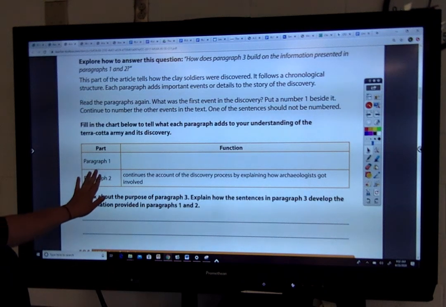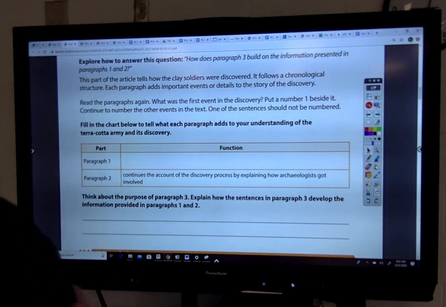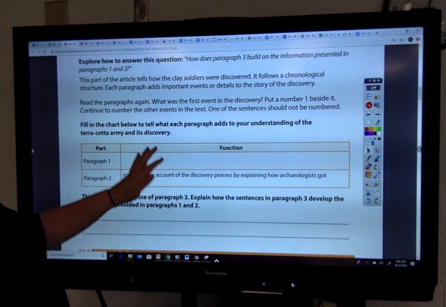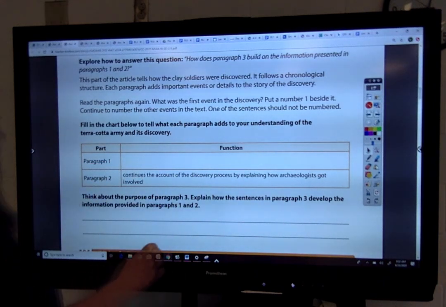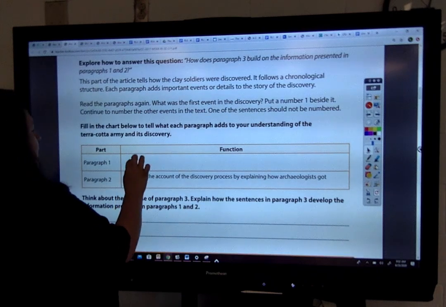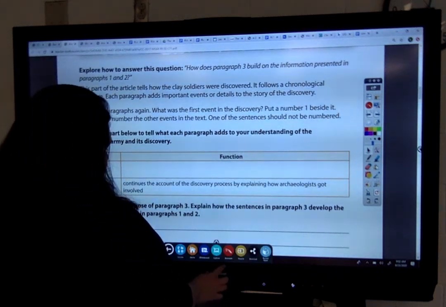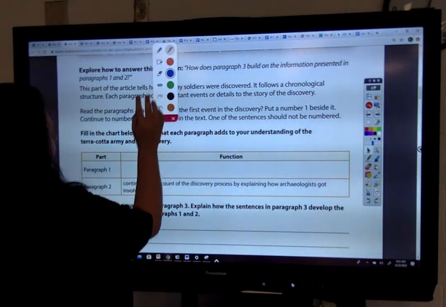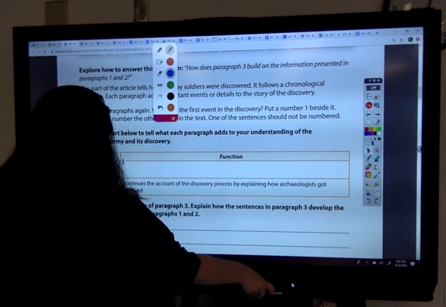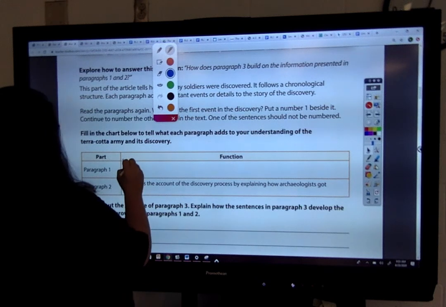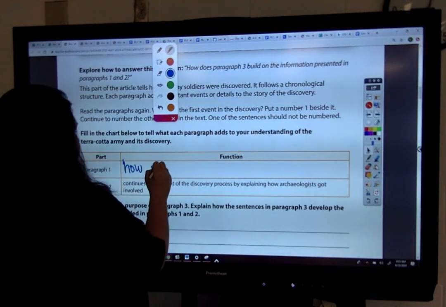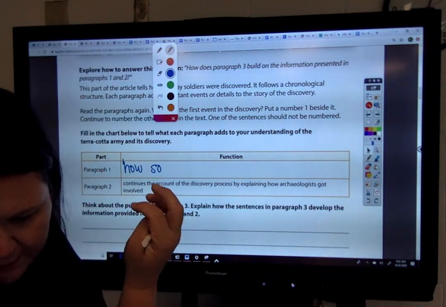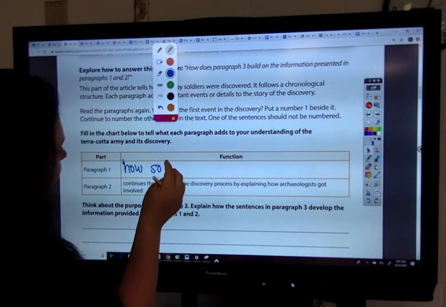Okay, so here on paragraph 1, we know that it introduces the topic by telling how workers found the first clay soldier.